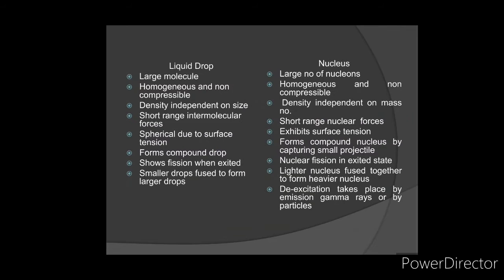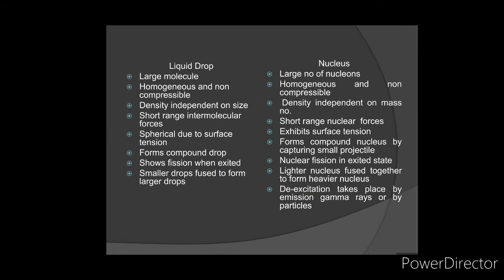A large drop, when excited, breaks into smaller droplets, meaning fission of the large drop takes place. In the same way, a heavy nucleus when excited breaks into two smaller nuclei, and this reaction we call the nuclear fission reaction. Small droplets fuse together to form a large drop, meaning fusion takes place between the two small droplets.